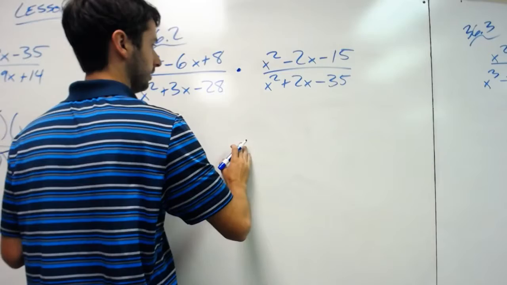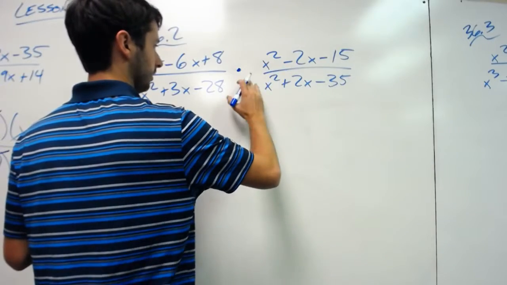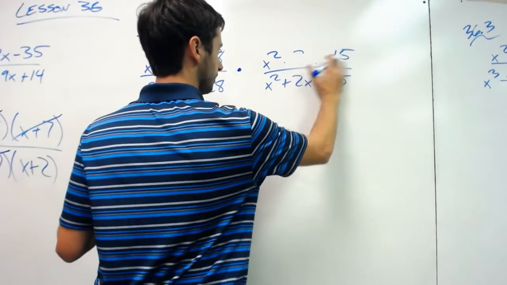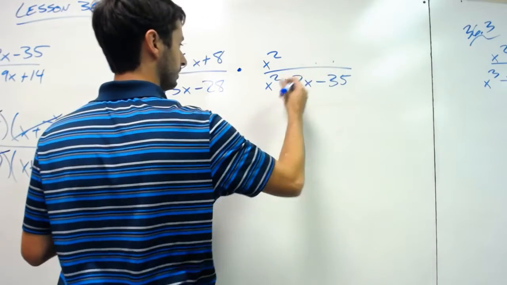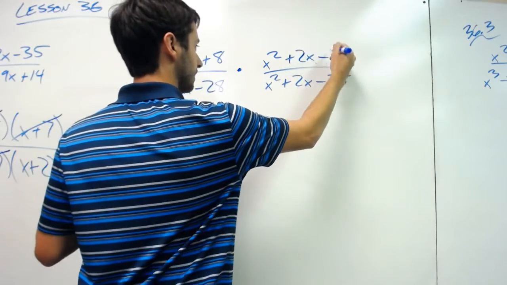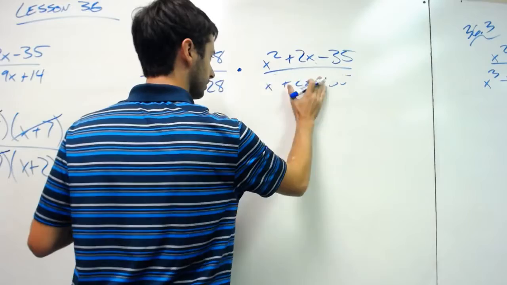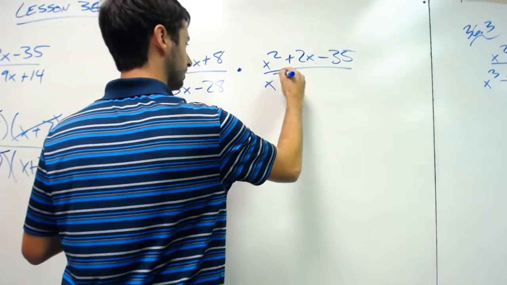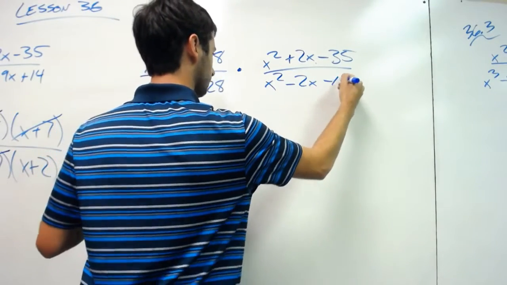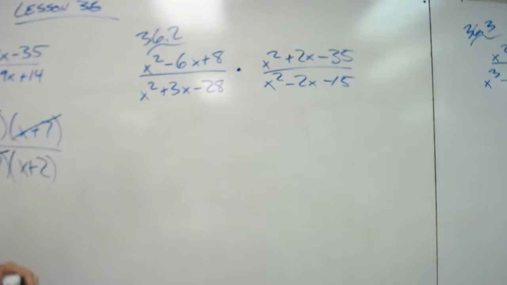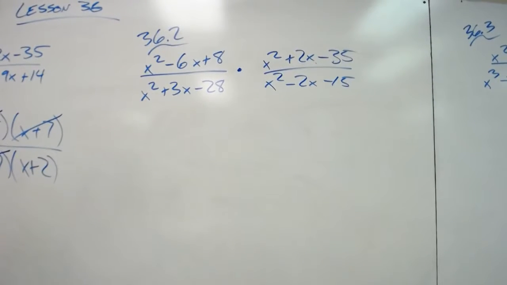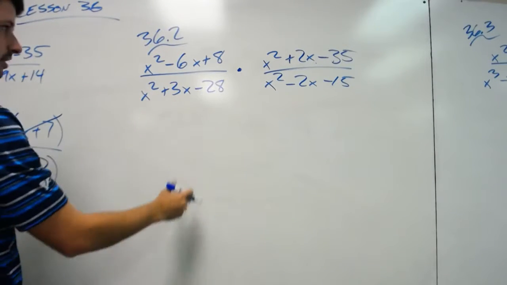So this top part here would become plus 2x minus 35. And this bottom part would be, I think that's right. Let me check the book. Make sure I put it back in place properly. Yep, negative 15.